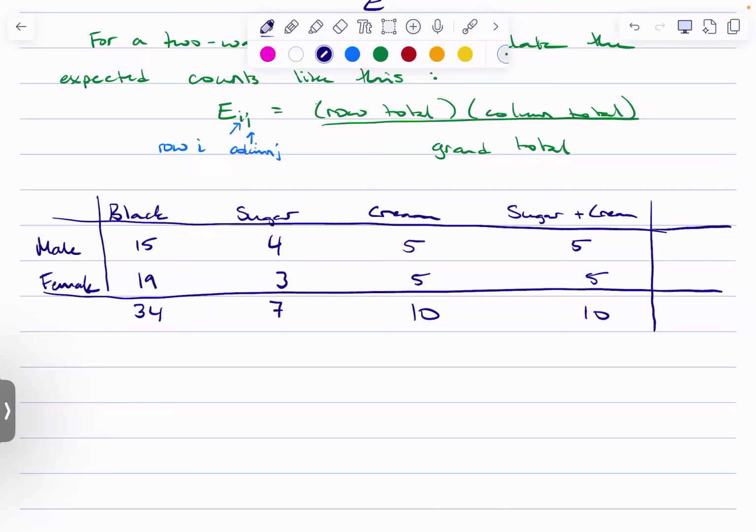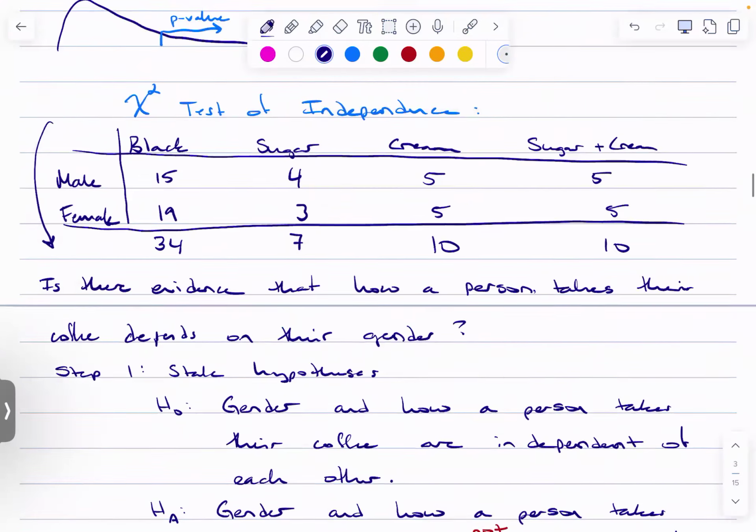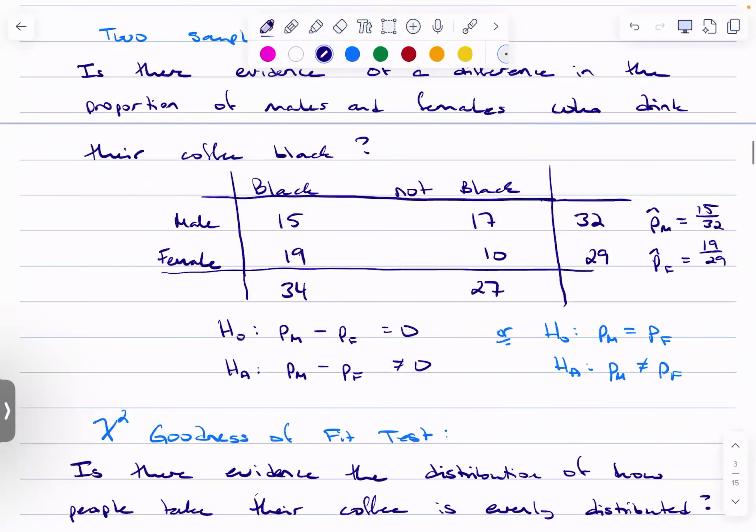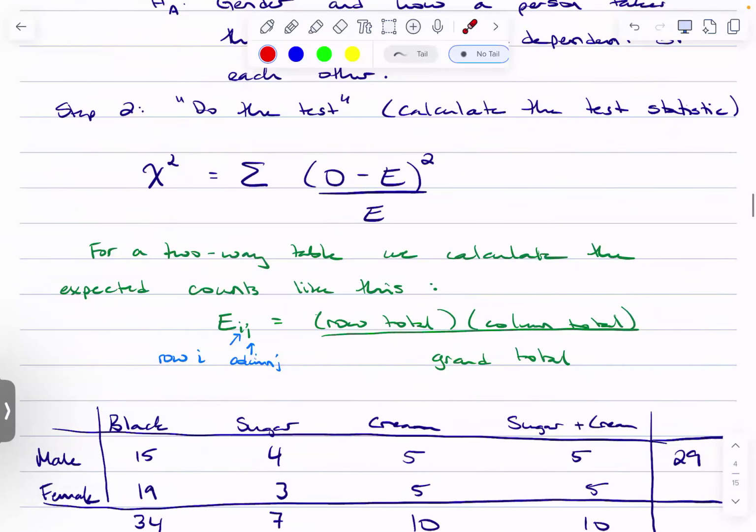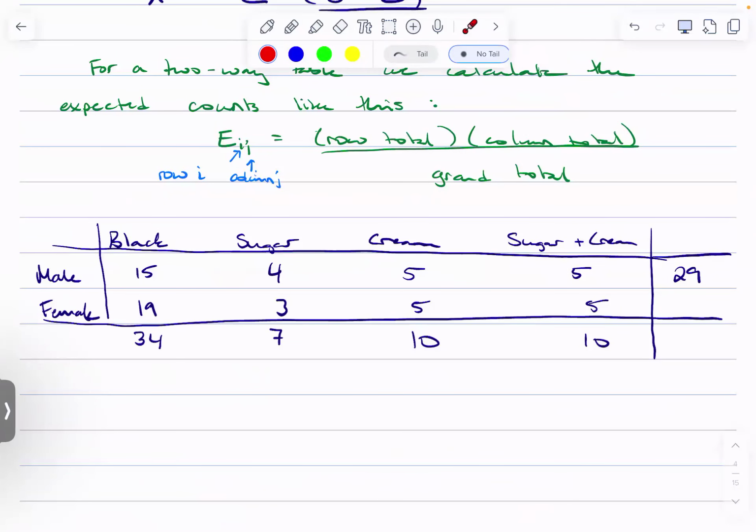I get 15 plus 4 plus 10 is 29. Oh, I guess that might not. Oh, so close. I had a 29, but I mixed them up. They don't match exactly. So close. 19 plus 3 plus 10 is 32.